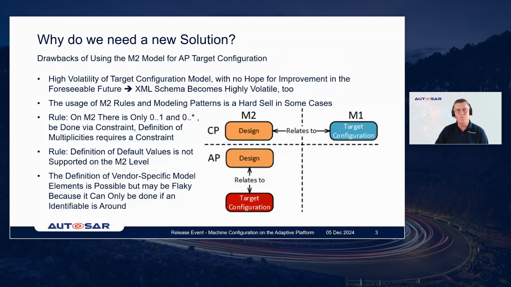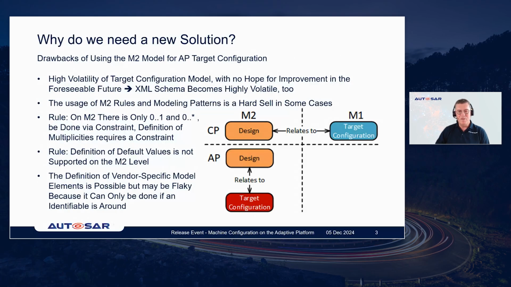And this is not possible on M2, but it would be possible on M1. The next issue is there are no default values on the M2 level because default values are not necessary to generate the schema. But people want to use default values. It's just not possible.